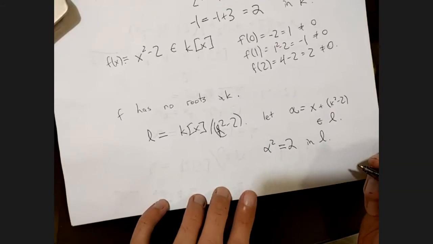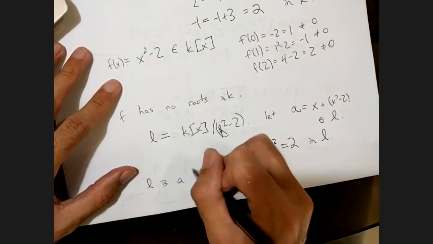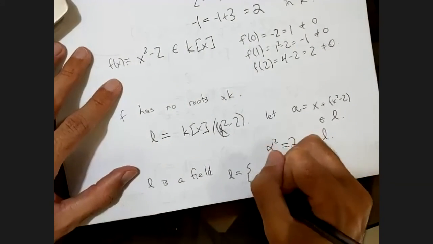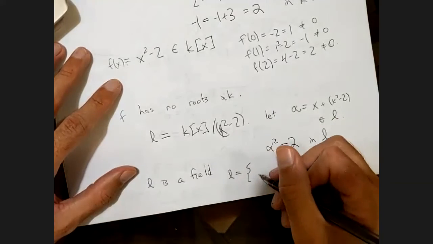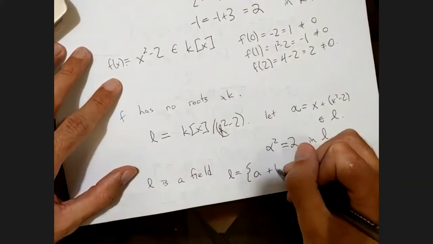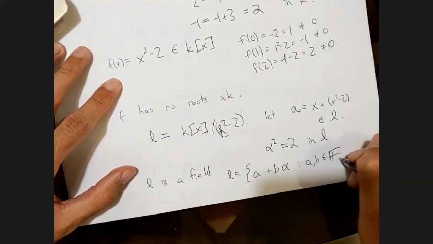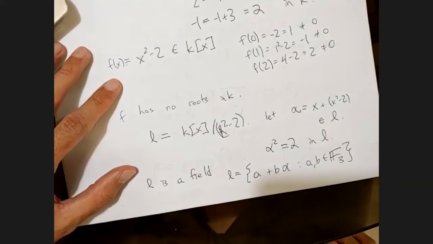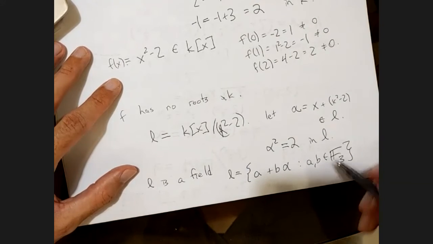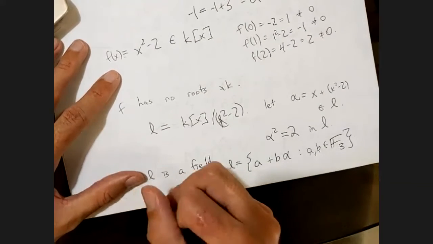Okay, so now L is a field. Actually, L is equal to the linear combinations of alpha, so we'll just call it a plus b alpha, where a and b are in the finite field with 3 elements. There are 3 different choices for each of a and b, so L has 9 elements.